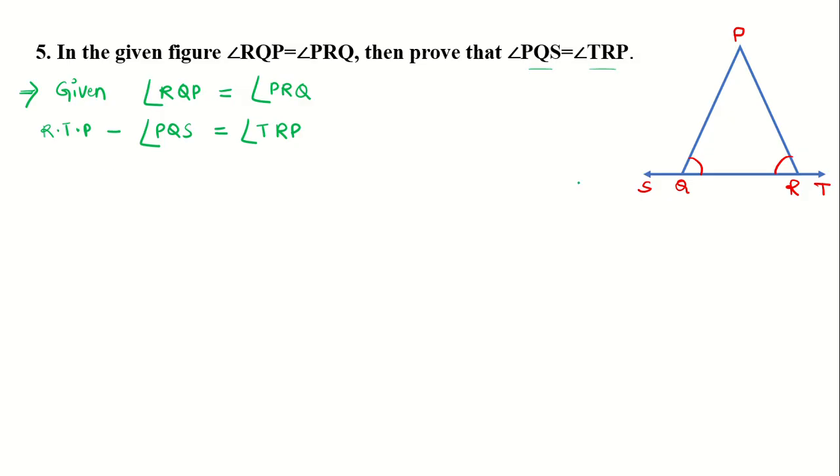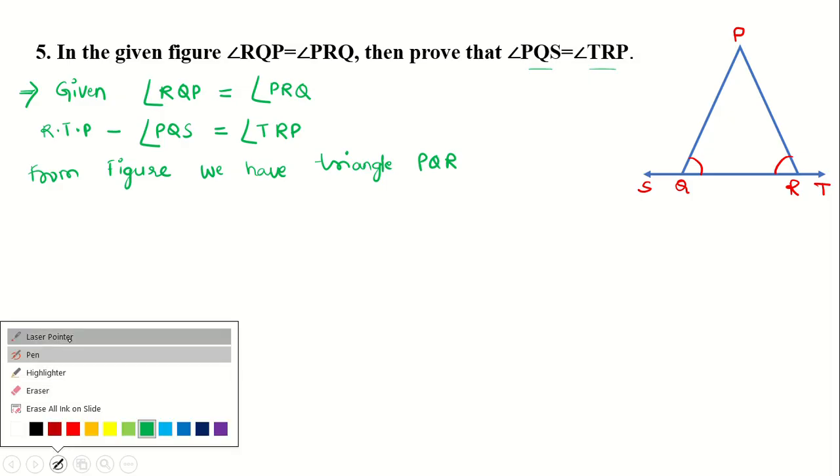From the figure, first we have a triangle PQR. As you can see, a straight line is here and we have a few points.